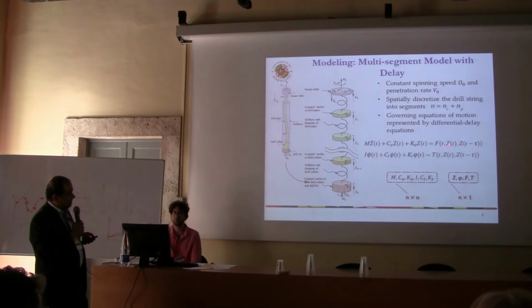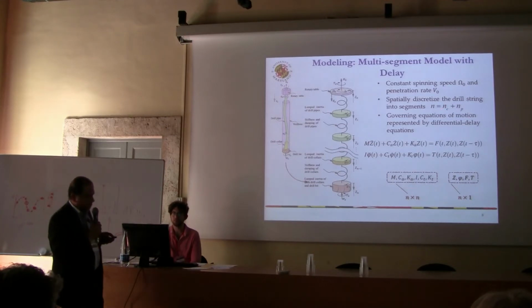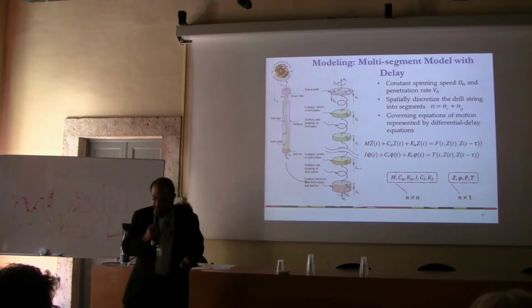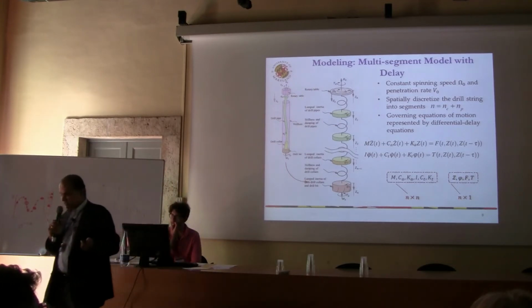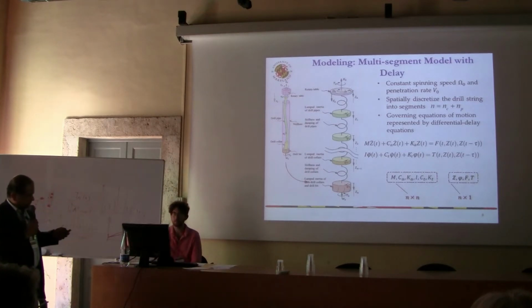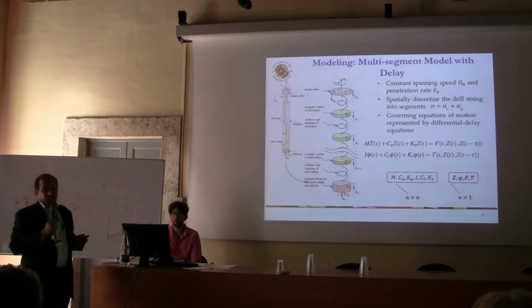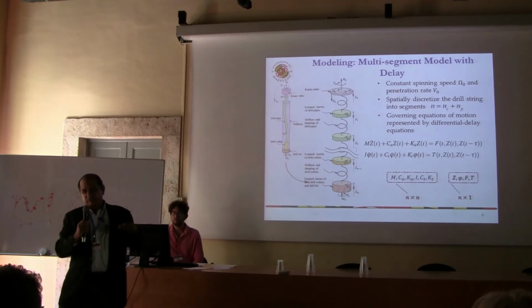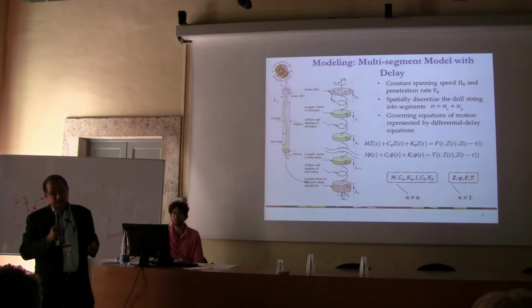Tau again is a state-dependent delay. NC is the number of elements we pick in the drill collar, and NSP is the number of elements we pick for the drill string itself. Typically the total number of segments is about 32. That would mean about 64 states for z and phi, and in terms of the state space, we have 128 states in the system.